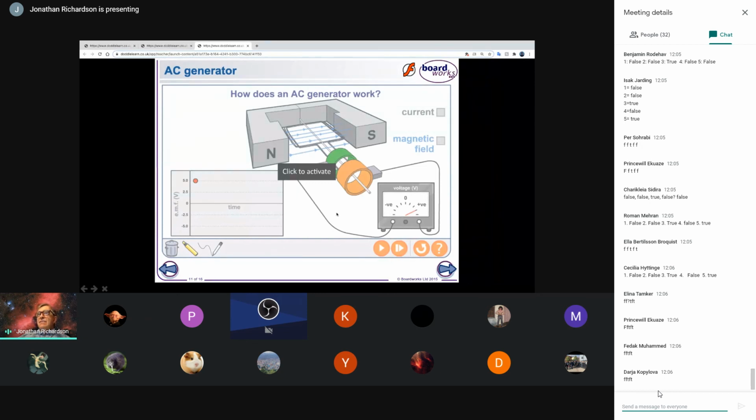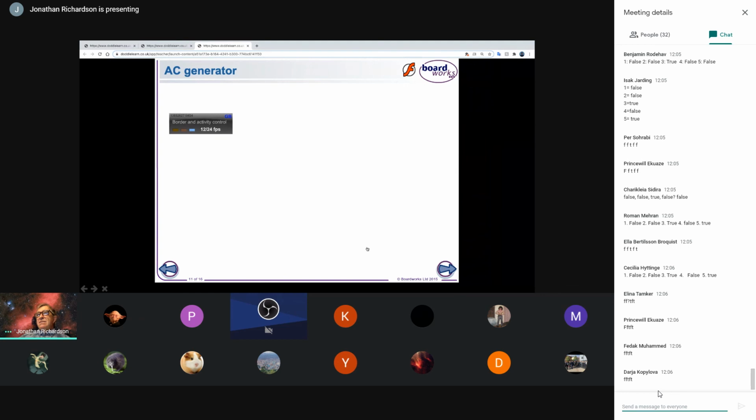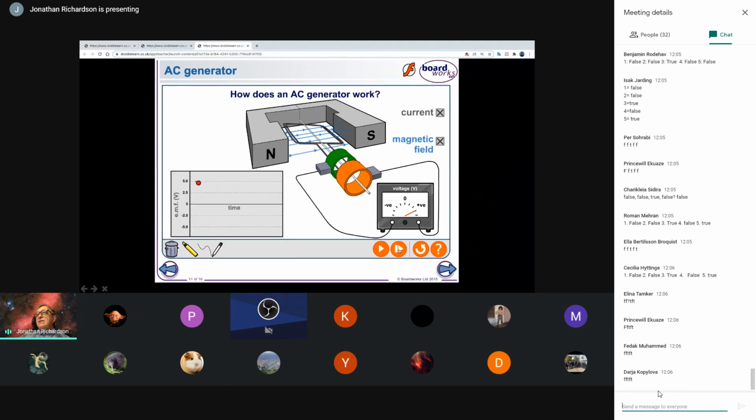So again, if I just go back to this model, I can start this rotating, get to the maximum value, the 0 value just here, no cutting through the magnetic field, move through, as you can see, this side is rotating downwards, this side is rotating upwards to the maximum value, as you can see on here, on the negative side of the coil.